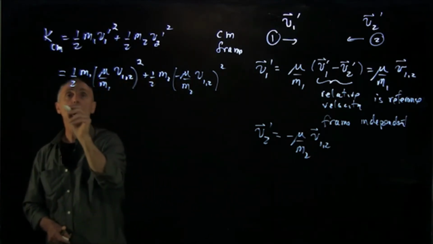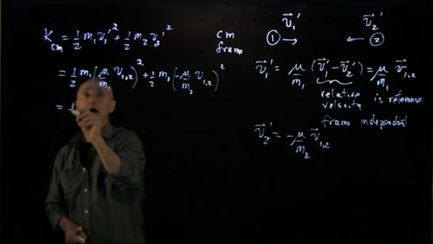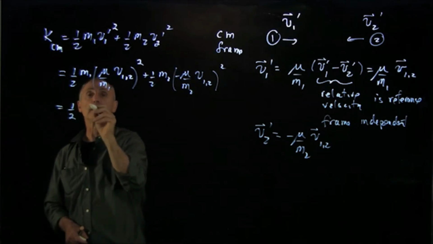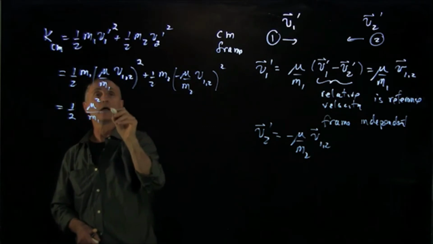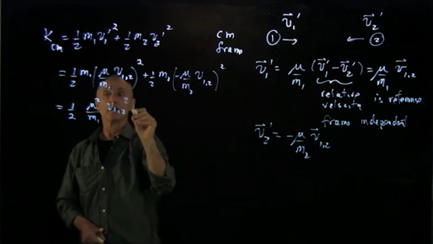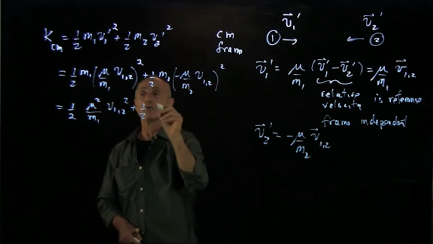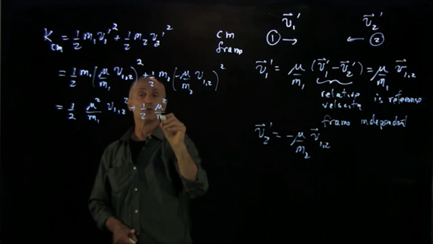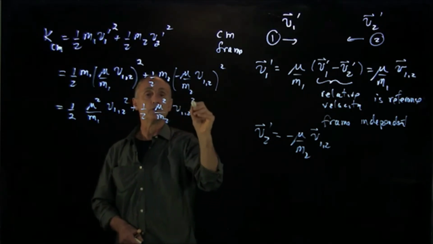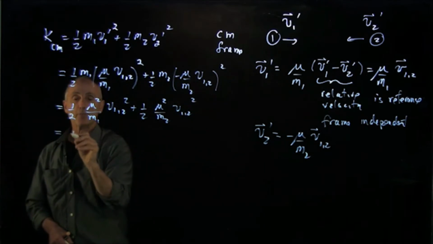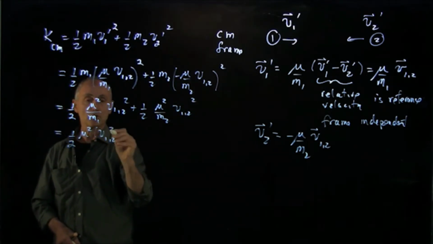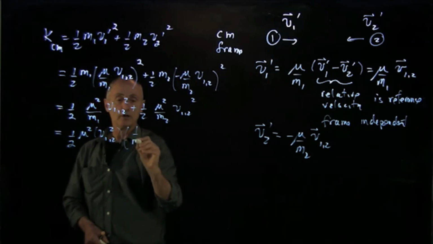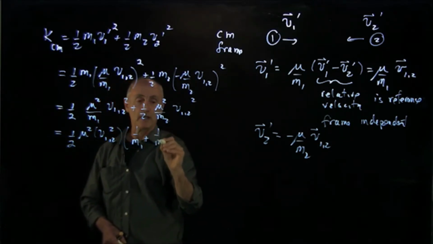And now what we have is a half. One of the m1s cancels, so we have a mu squared over m1 v12 squared plus 1/2 another mu squared over m2 times v12 squared. So I pull out the common terms, mu squared, v12 squared. I have 1 over m1 plus 1 over m2.